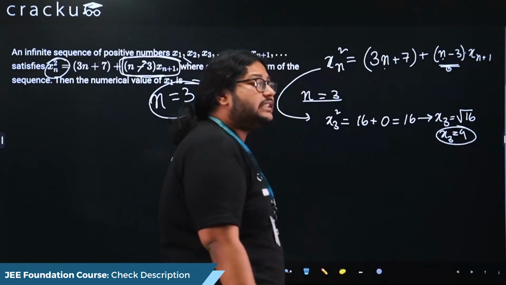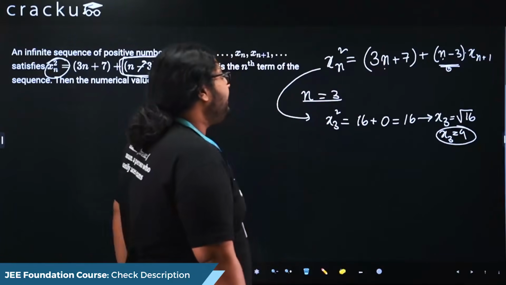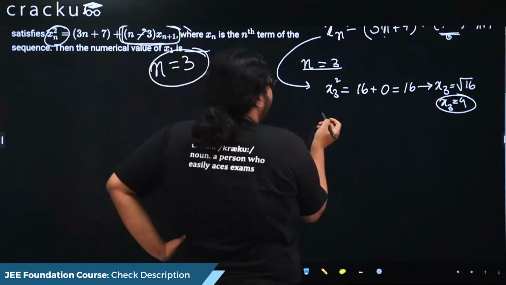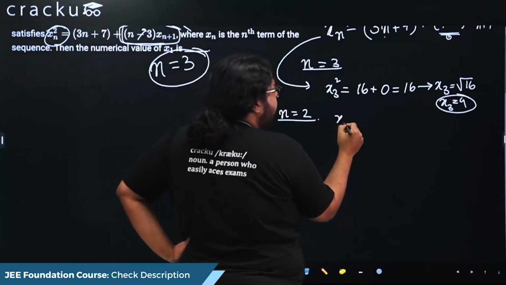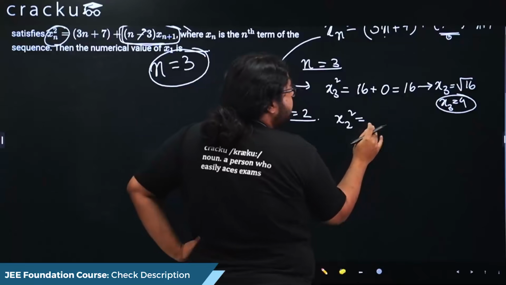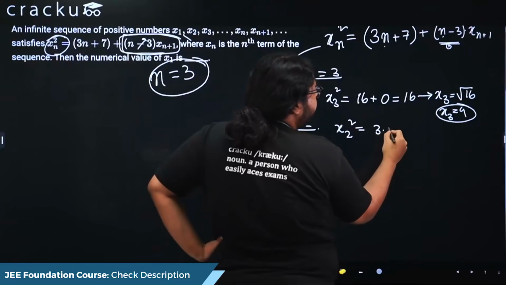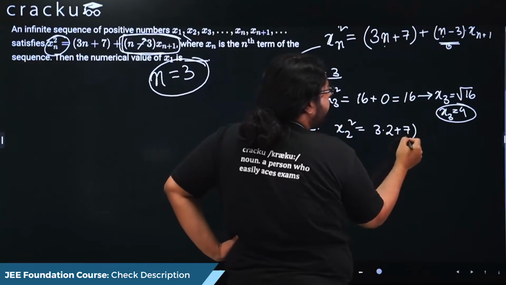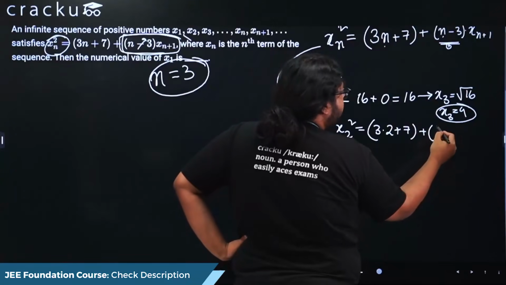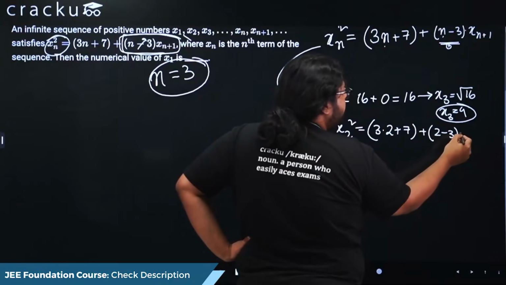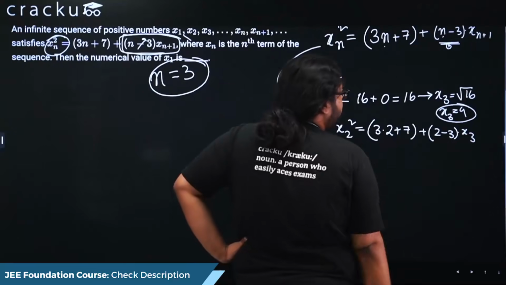Now using this, I can back calculate and go all the way till 1. How do I do that? I'll put n equal to 2. In that case, x2 square is equal to 3 into 2 plus 7 plus 2 minus 3 into x3.